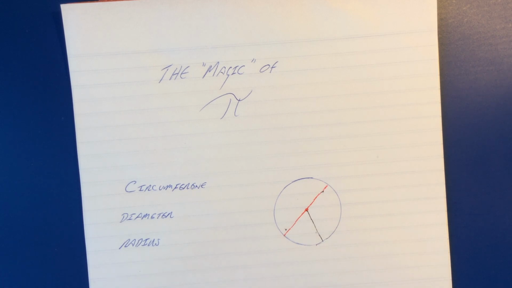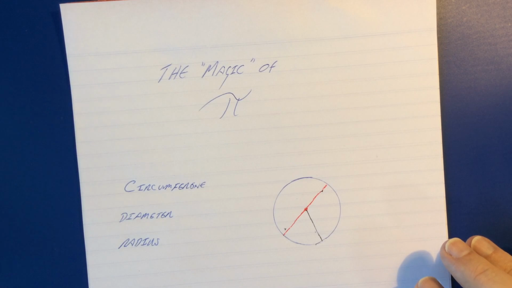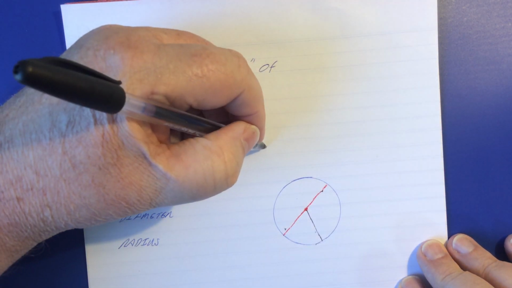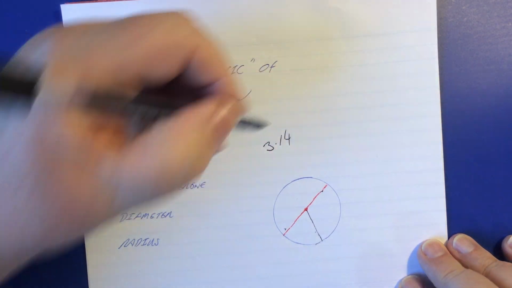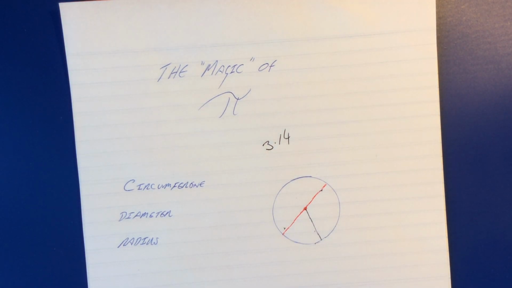So it's what's known as a mathematical constant. It's usually abbreviated to 3.14, but it's also called an irrational number because it can't be defined by way of a fraction or a decimal that terminates. This is an endless, non-recurring decimal.